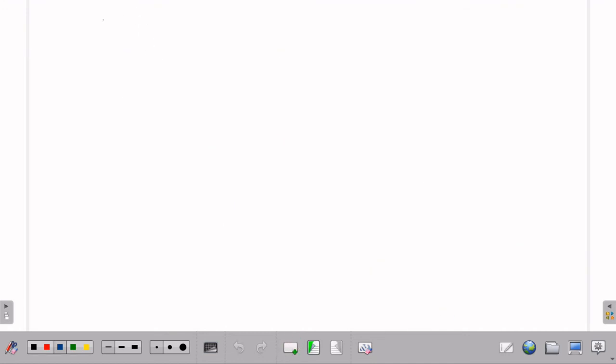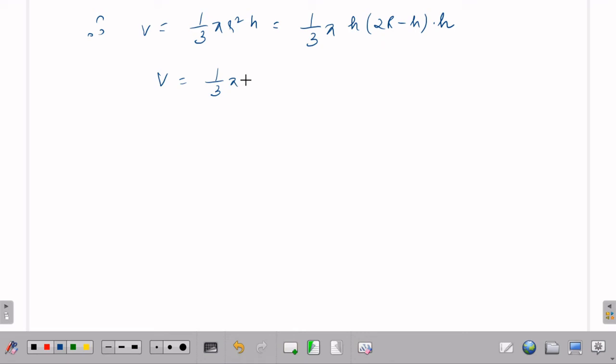So your volume will be 1 by 3 pi r square h. That means 1 by 3 pi, r square is h times (2R minus h), and I have h again. So your V is 1 by 3 pi h square 2R minus 1 by 3 pi h cube.